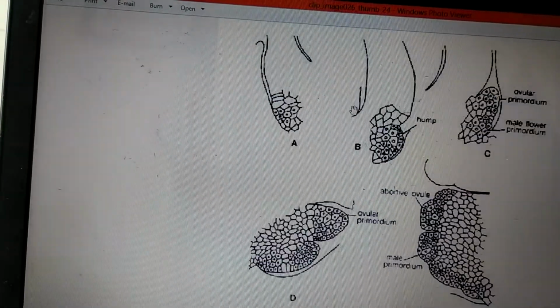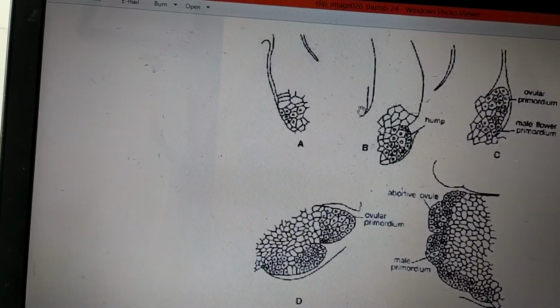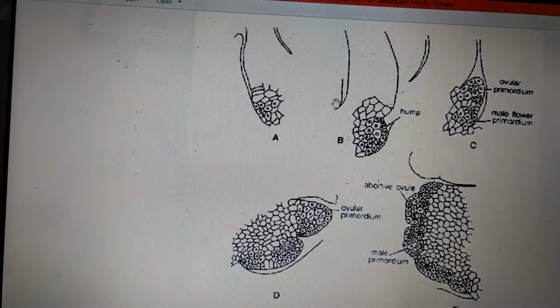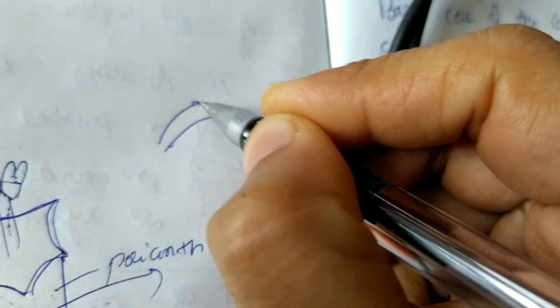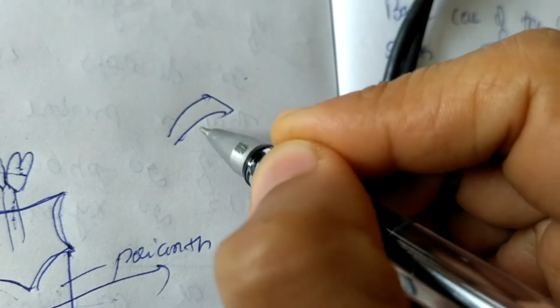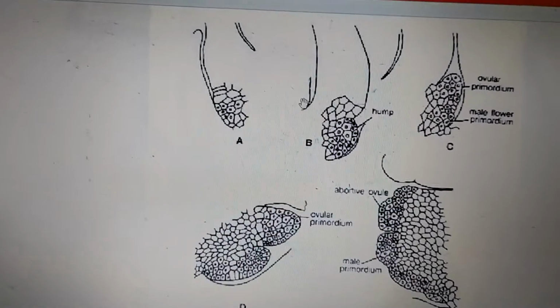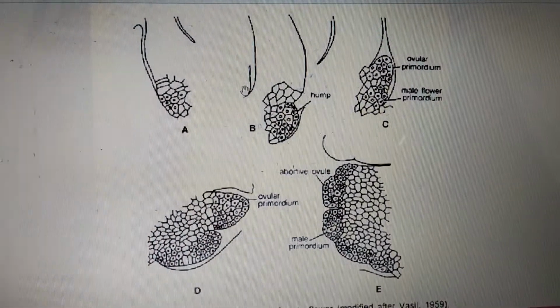Yes, here. Now, some of the cells below this collar, if you consider this as a collar, some of the cells below this collar are going to be activated, and these activated cells we are going to call meristematic cells.